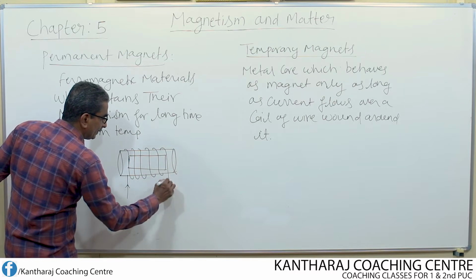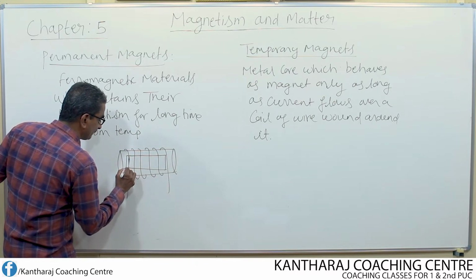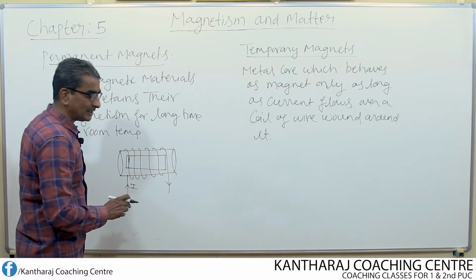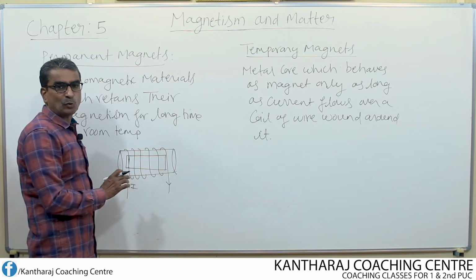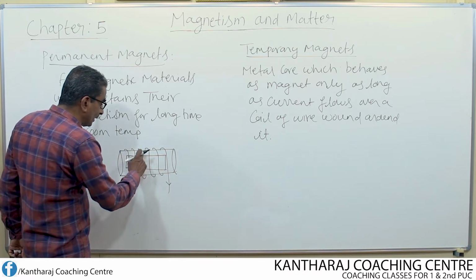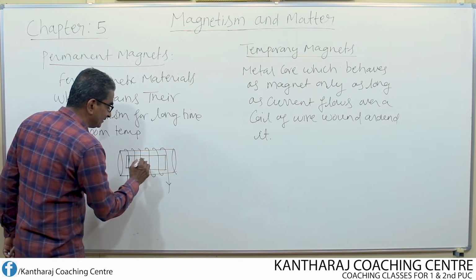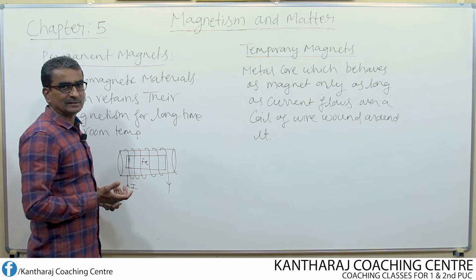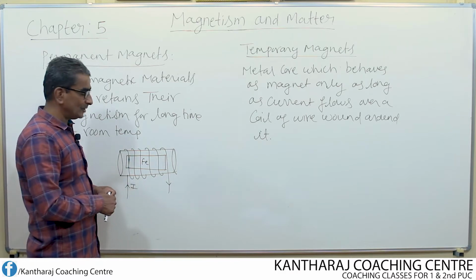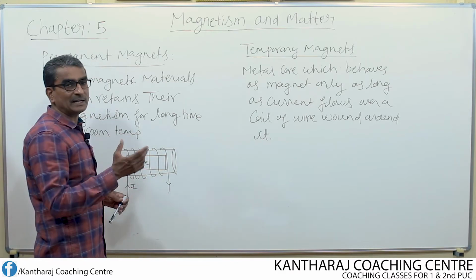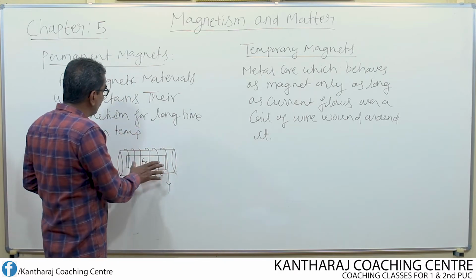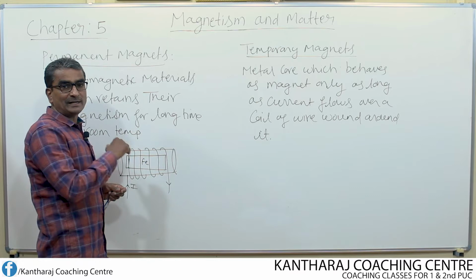If I pass a strong current, then after some time the whole ferromagnetic material, like iron or cobalt or nickel, or even steel, behaves like a magnet with two poles. So this is how we can prepare the permanent magnet.